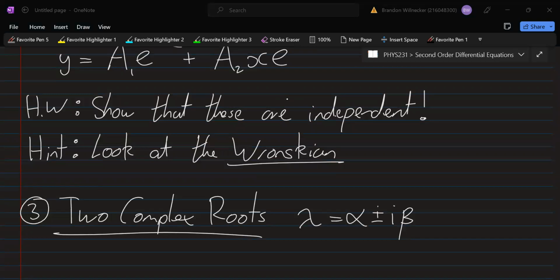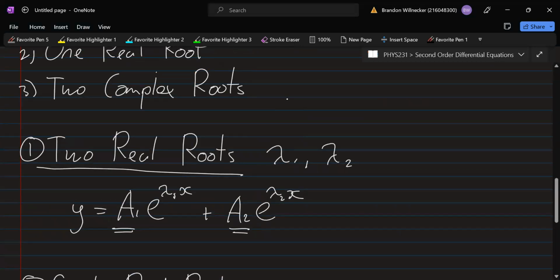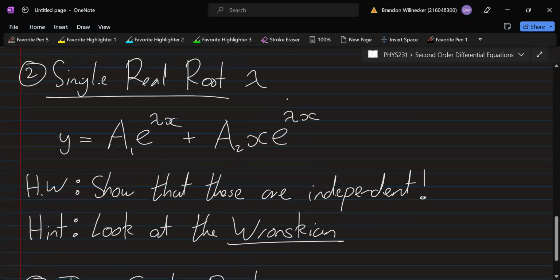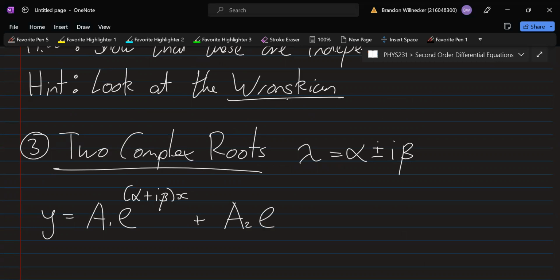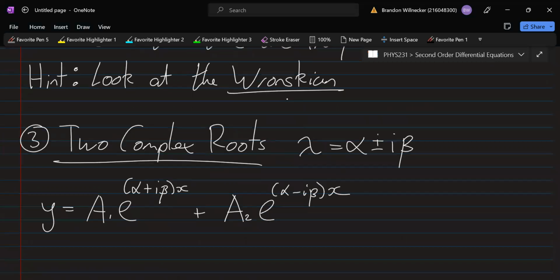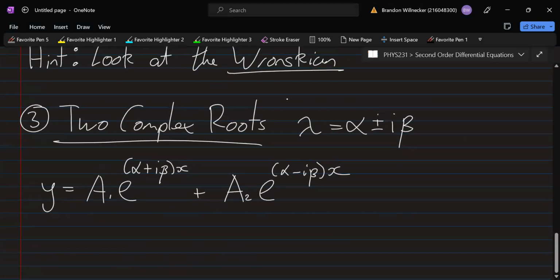Since we have two roots here, we can write the solution as we did for the first case, with lambda 1 and lambda 2, and let's see what we get. So y is equal to a1 e to the (alpha plus i beta)x plus a2 e to the (alpha minus i beta)x. Now we can simplify this some more.